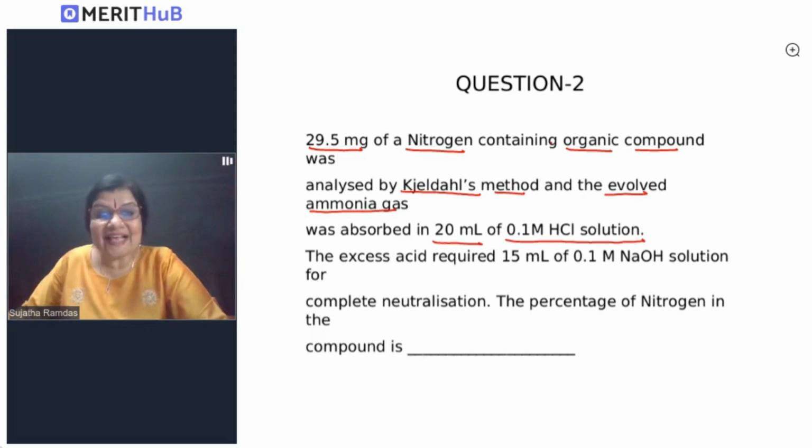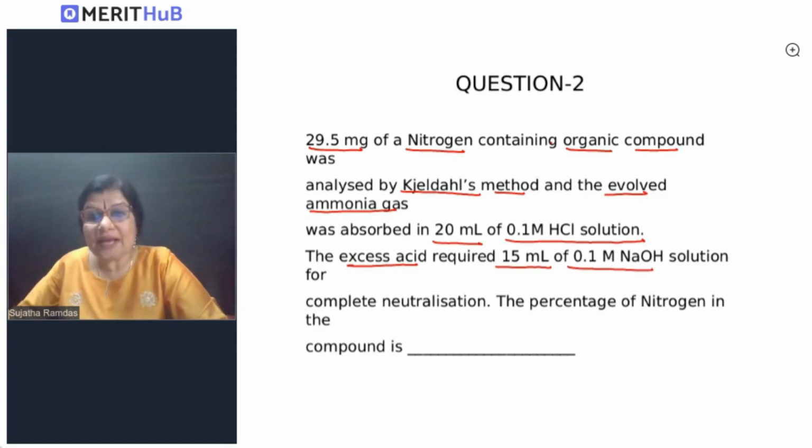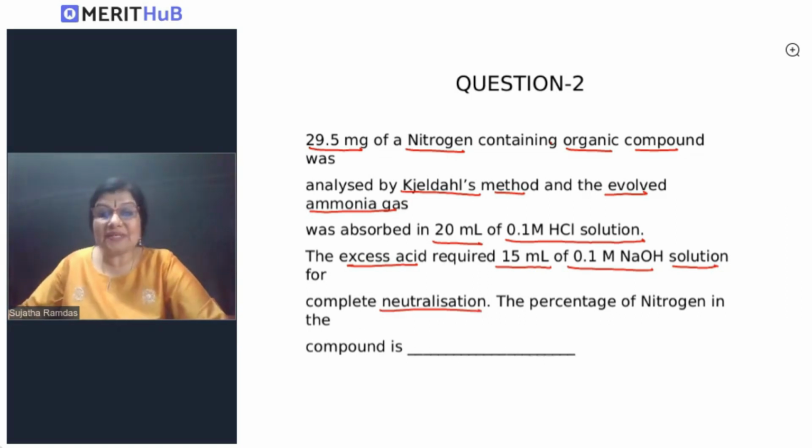The excess acid required 15 milliliters of 0.1 molar sodium hydroxide solution for complete neutralization. The percentage of nitrogen in the compound is. So you have to arrive at a number, an integer, with 2 digits after the decimal. The instruction would be given in the question paper, and you must be already aware of it. Okay. So now let's get started with the details of this question.